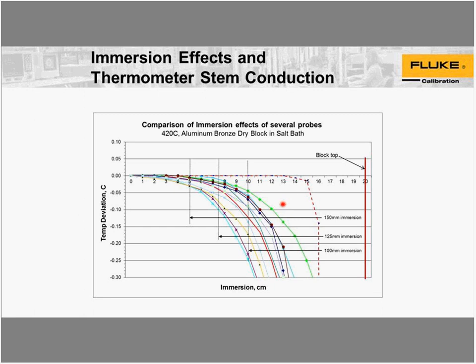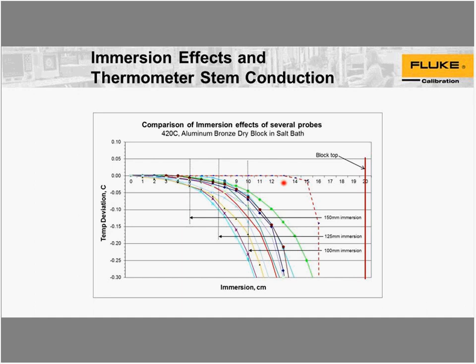By comparison, this red thermometer here was immersed into the salt. So this red dashed line represents deviations. Again, we're drawing that just in the salt bath and see that conduction is negligible for a considerable distance up here. Now, if we were to magnify that further, you'd begin to see some of that even down to here.